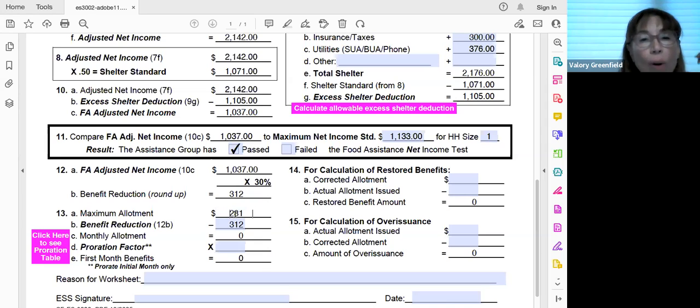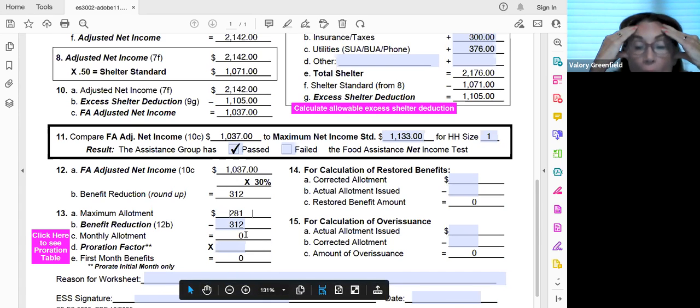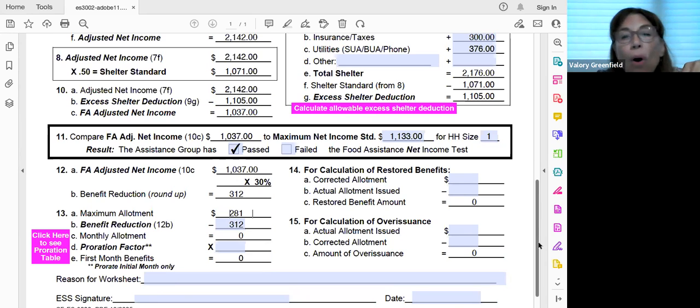So what does this form do? It now calculates his monthly allotment, and it's telling you it's 0. But that is wrong, because we know that there's a special rule for people who meet the net income test at box 11 and who are a household of 1 or 2.